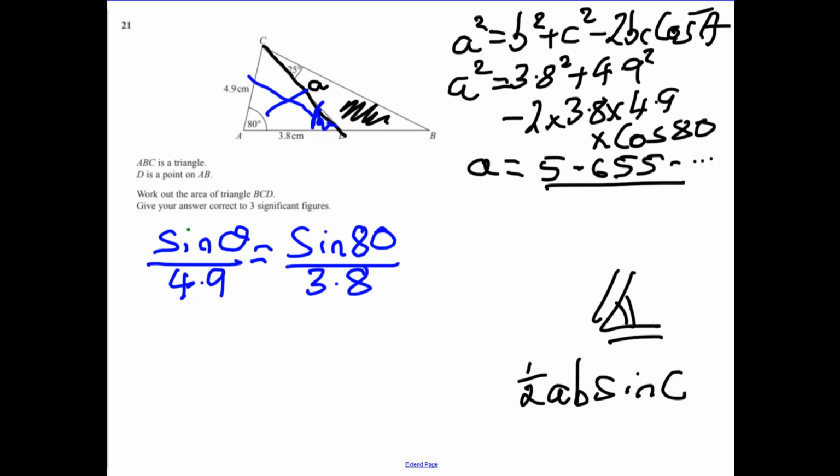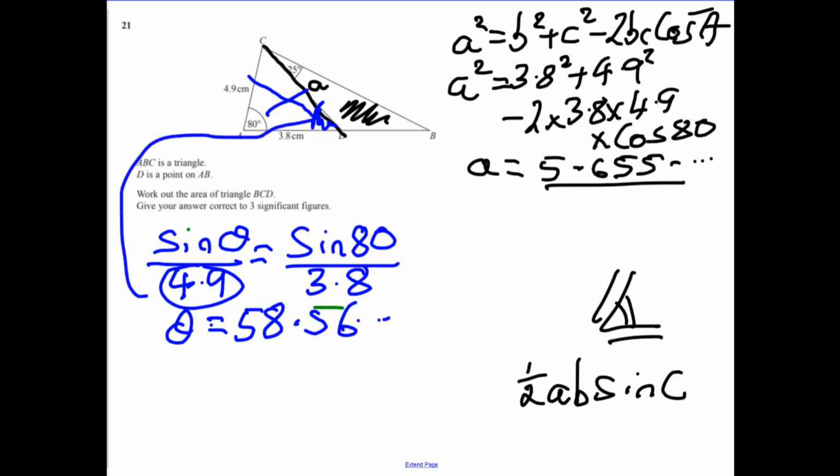If you multiply both sides by 4.9 and then take the inverse sine of that, you should end up with theta being equal to, on your calculator, 58.56 and a little bit more.